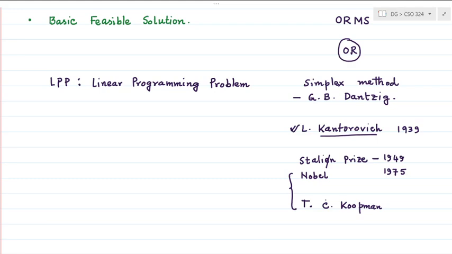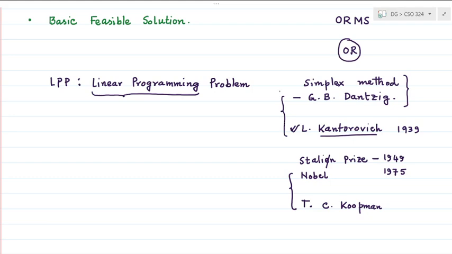And you know, when I was talking about this foundation of the linear programming problem, usually Danzig, the US mathematician, is thought of as the father of the simplex method, but it is not really so. George Danzig and Kantorovich together are thought of as the pioneers of the linear programming problem.